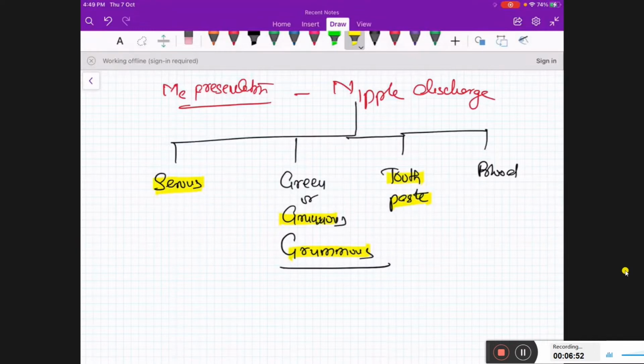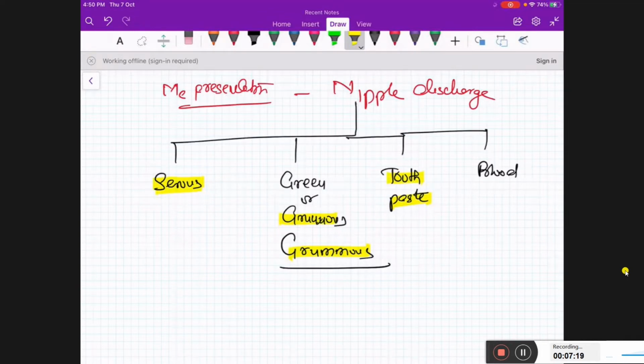The chances of duct ectasia are very high if it is a green colored or a toothpaste-like discharge.